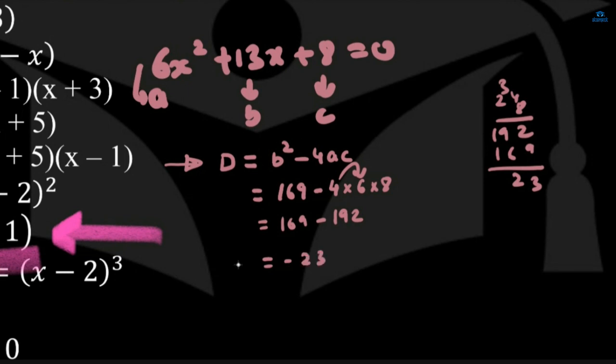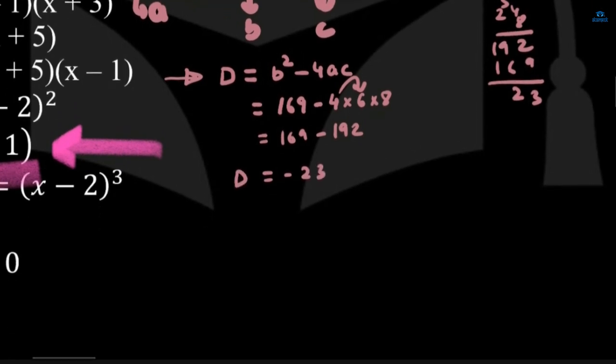If you are getting D as positive or equal to 0, this is the condition, the roots will be real. And if it is only greater than 0, then the roots will also be distinct, they will be different. If D is greater than 0, the roots will be real and distinct.